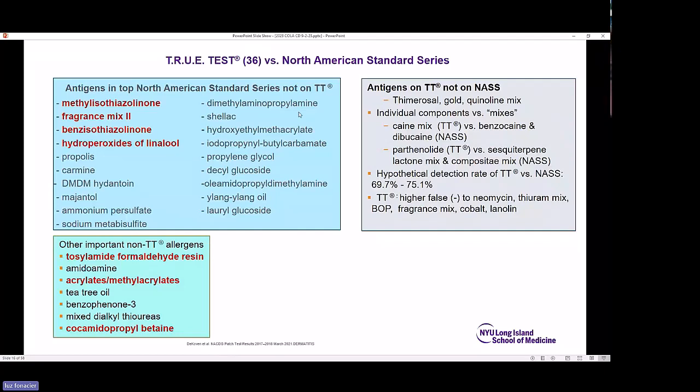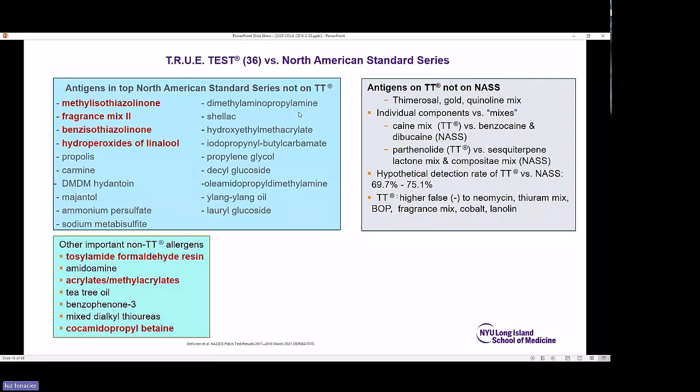Now, allergens in the TRUE test, not in the North American Standard Series, you have thimerosal, gold, and quinoline mix. The relevance of these three allergens is a little bit put into question. Thimerosal is an old allergen. Sensitization probably occurs in childhood when we were being given vaccines with mercury.